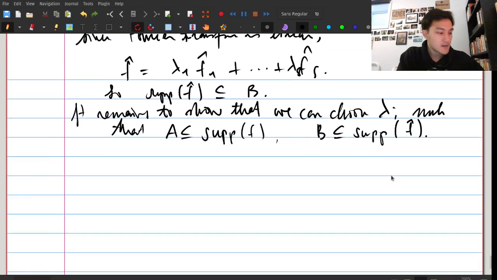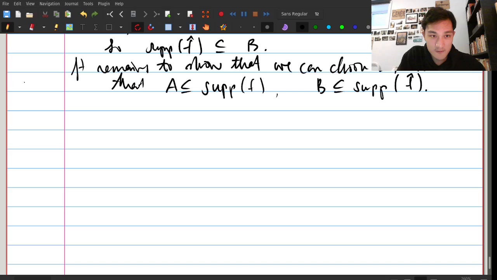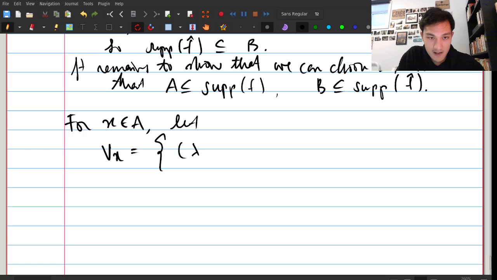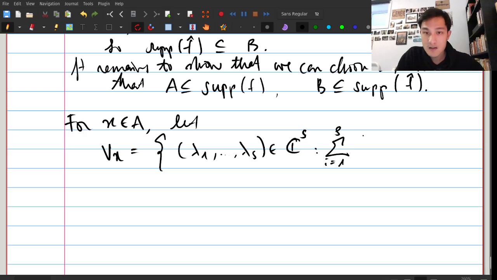Well, how do we do that? For x in A, let V_x be this set: the set of all lambda 1 up to lambda s in the vector space C^s such that the sum for i equals 1 to s of lambda i f_i of x, where this is a fixed x, is equal to 0.